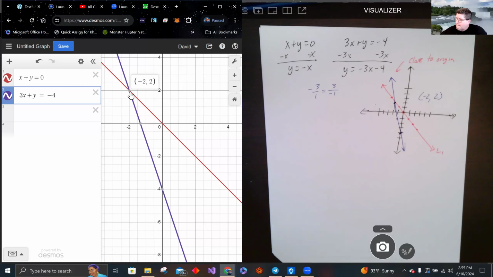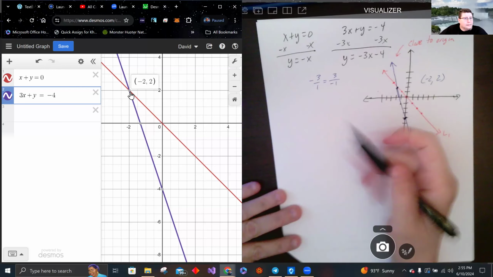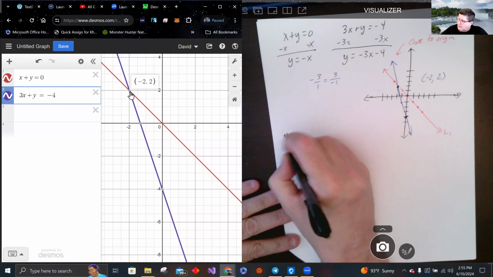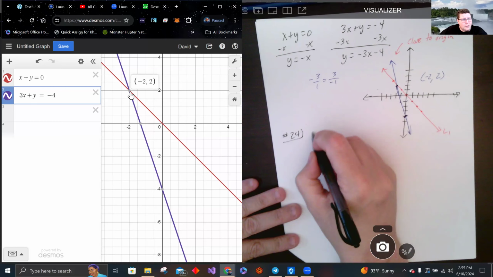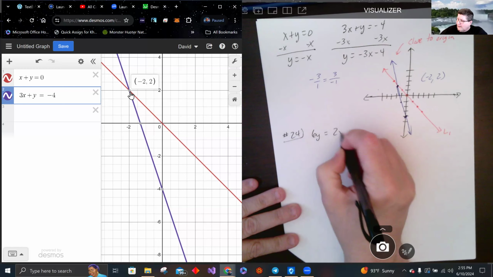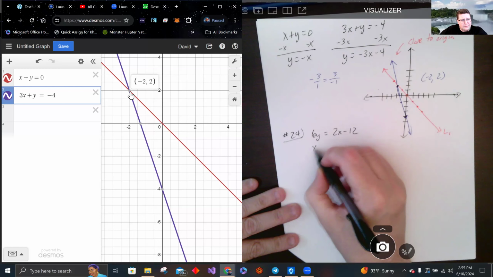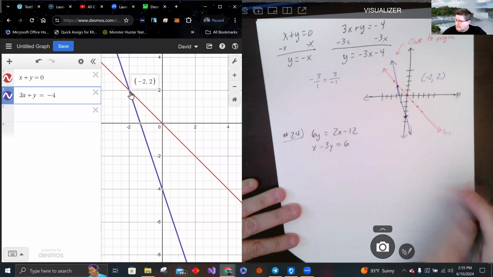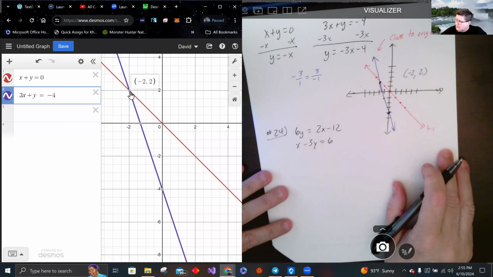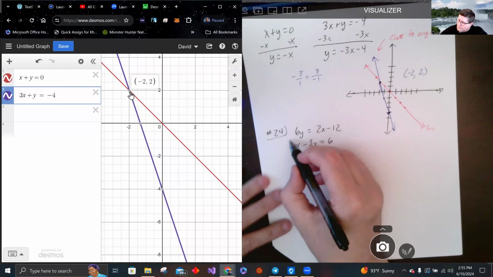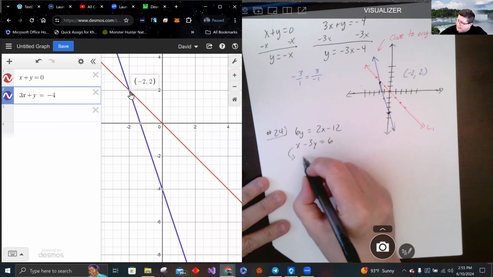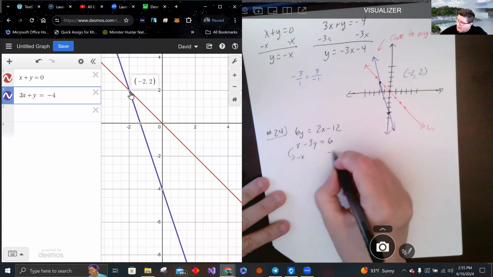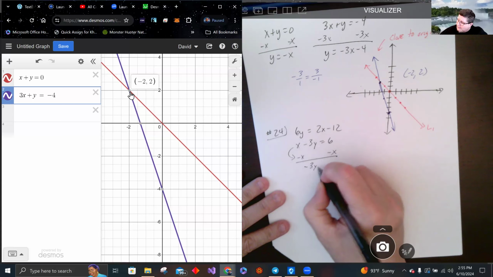Let's do another one. This is number 24 from the homework. 6y equals 2x minus 12, and x minus 3y equals 6. So I'll do this one first because it's right here. I will subtract x, and I get -3y equals -x plus 6.